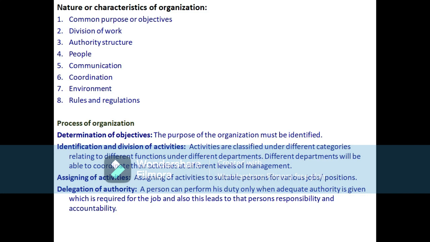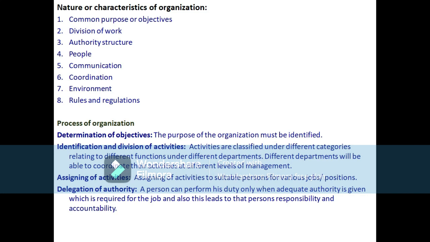Because if there are changes in the environment due to many reasons, we should be able to change the structure of the organization. So environment is another feature of organizing.